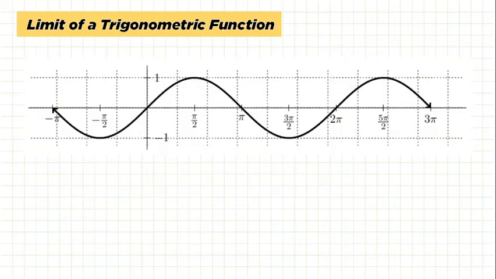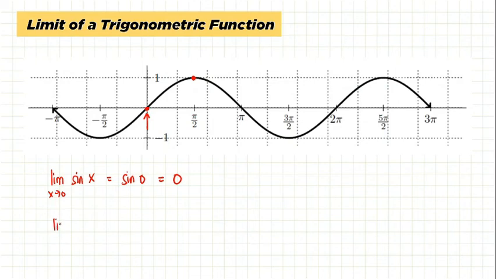Let us try to look at the graph first. In this case, as x approaches 0, this is 0 here, the value of the function and the limit of the function are the same. That's why the limit of sine x as x approaches 0 is equal to sine of 0, and that is equal to 0, right? Now, let's try pi over 2 here.